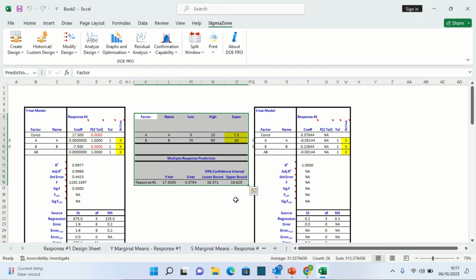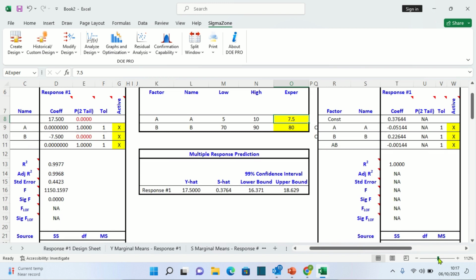Okay, in the yellow values at the moment, we have the two factors set to their mid value, 7.5 and 80.